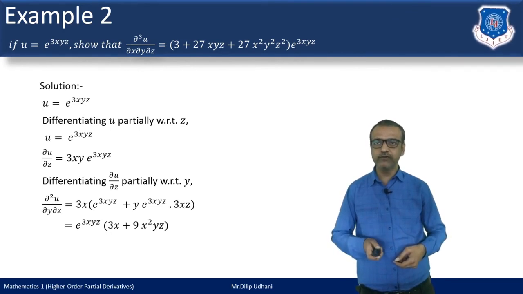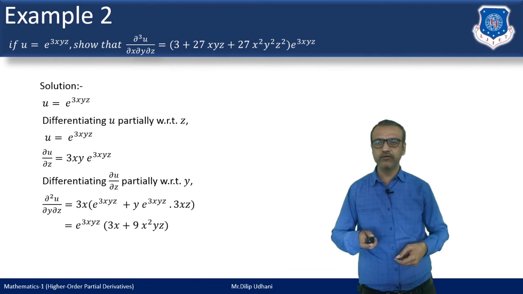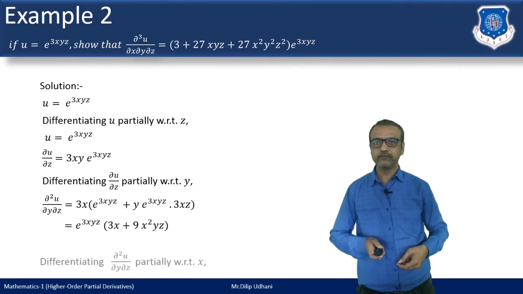Now we will differentiate del square u by del y del z partially with respect to x. So we will keep y and z constant. Here you can see we have two terms: one is e raised to 3xyz and the other is 3x plus 9x square yz. On these two functions we will apply the product rule.